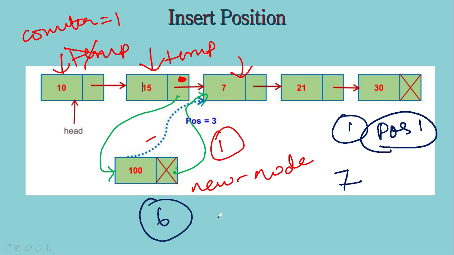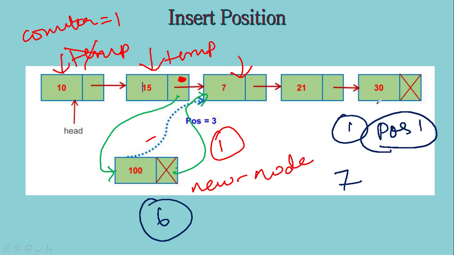We have to place the temporary pointer at the n minus 1th node. If you are going to insert a node at position n, then we have to place the temporary pointer at the node at position n minus 1. So I should be pointing my temporary pointer to the node at position 6, and do the operation.